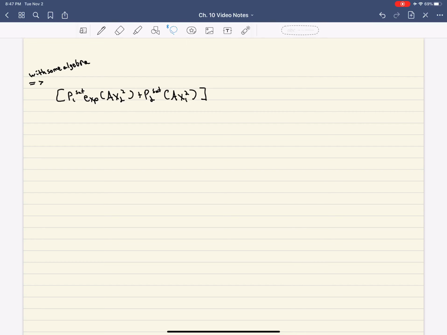Oh, this is the exponential of this. And then we have another bracket, which is just 1 minus 2a x1 x2.